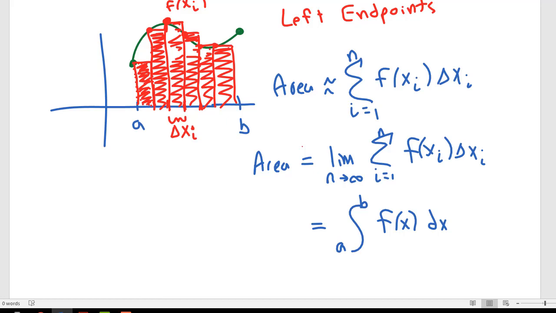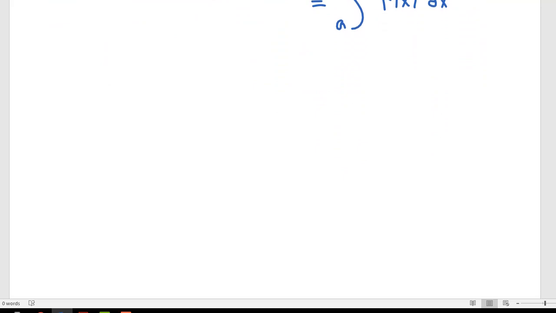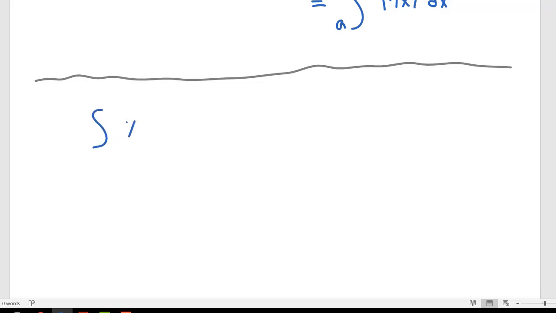So what I want to do here is let's look at a particular example. Let's consider that we have the function, let's just do something really simple. Let's say we have the function x squared that we're estimating, and let's say we're going from 1 to 5.